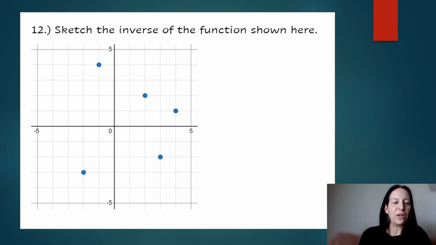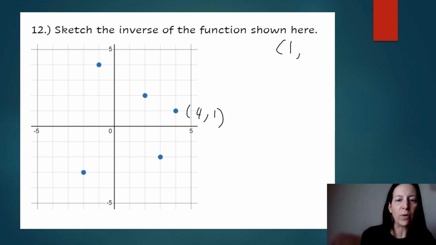First of all, when you're sketching the inverse, one of the ways you can do it is by locating the ordered pair. So for example, this point right here is the point (4, 1). Okay. And so if that's the point (4, 1), then I know the point (1, 4) must be on the inverse.